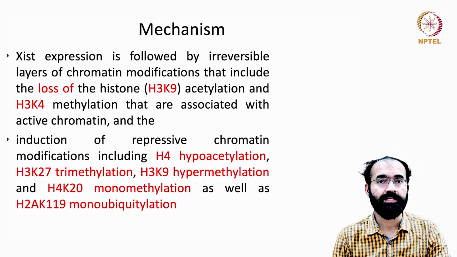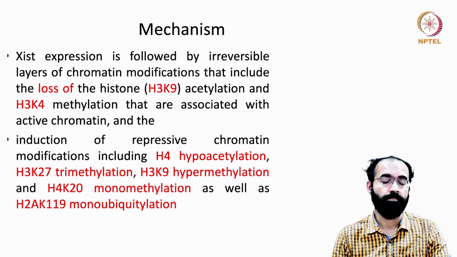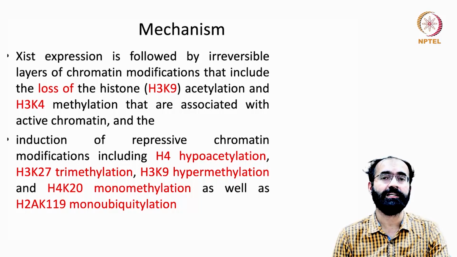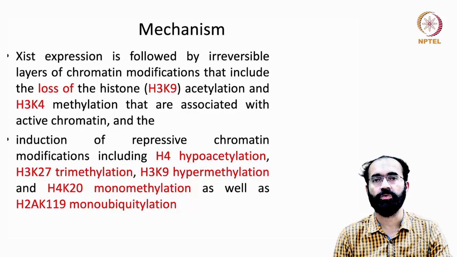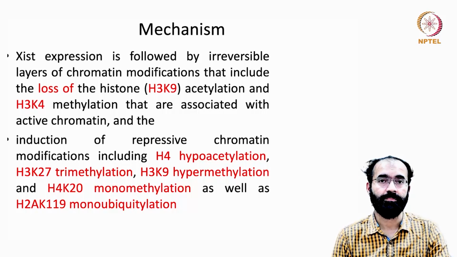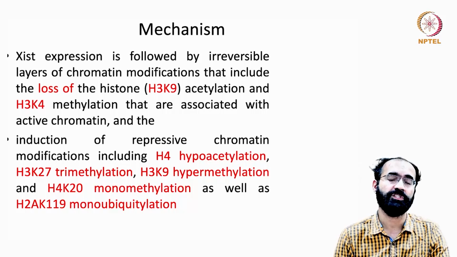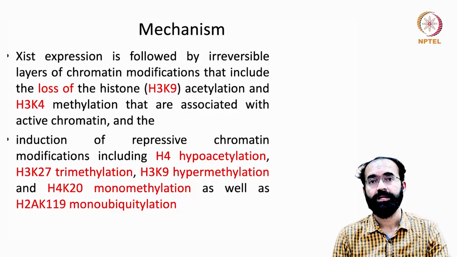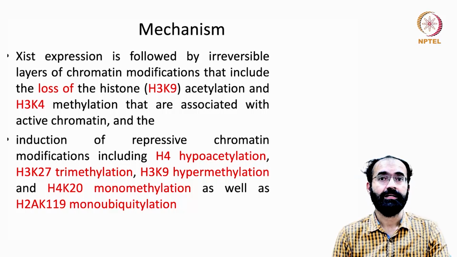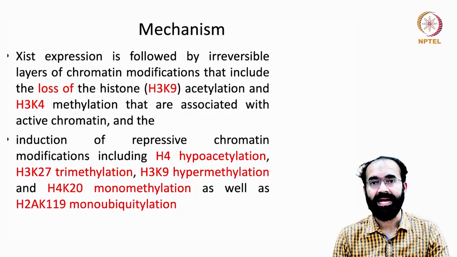Just like a push and a pull. If someone is pulling you and another person is pushing you from the back, like you may have seen on the road when people are loading some heavy equipment onto a truck, someone will be on the truck pulling the item towards the truck, some people will be pushing from the back. Same way, the chromatin loosening events will be prevented, chromatin tightening events will be accelerated.